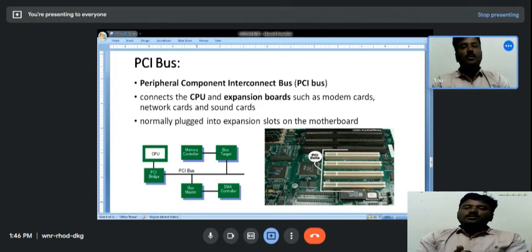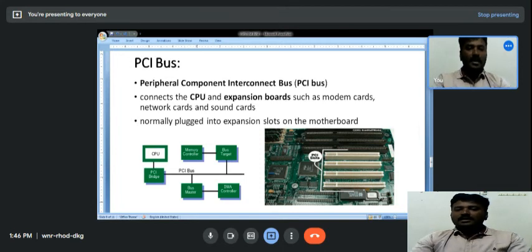For that purpose, we use the peripheral component interconnect bus. You can see in the diagram that the CPU is connected with the PCI bridge. By using the PCI bus, the bus master and the DMA controller, that is, direct memory access controller, give the way for connecting the PCI buses with the CPU through the PCI bridge.